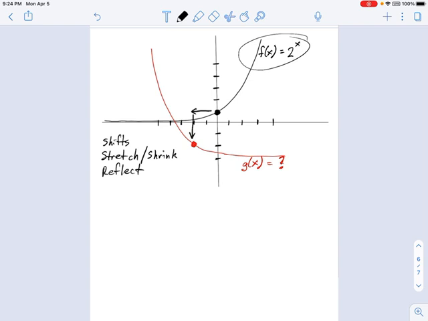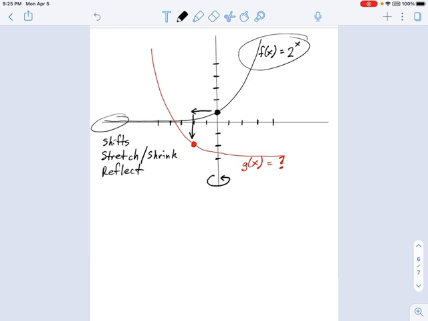But there's also a change in the orientation of this curve. Instead of being flat on the left and going up on the right, now it's flat on the right and it's going up on the left. So what has happened here is that the whole thing has spun around the y-axis.